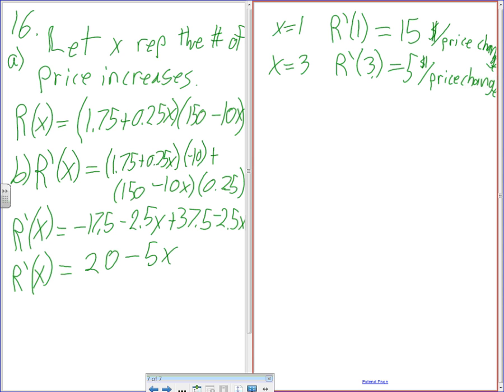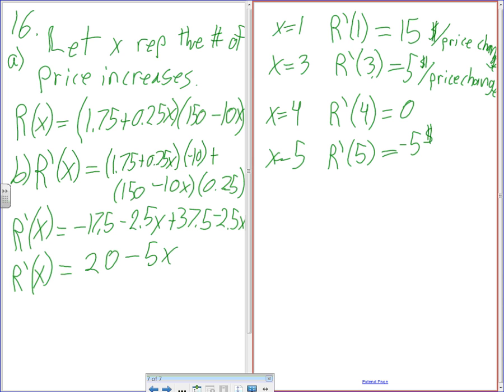And then we have x equals 4, and we have 5. Negative $5 per price change.